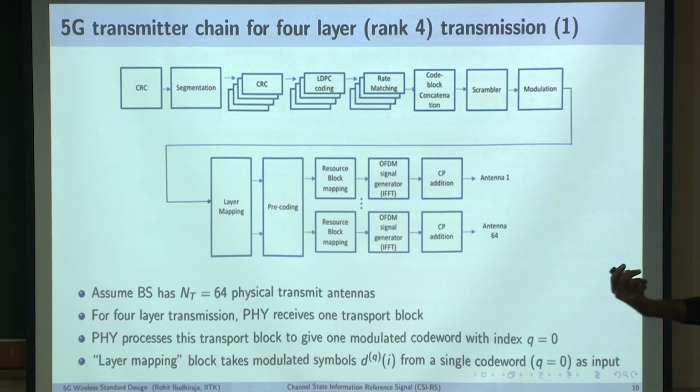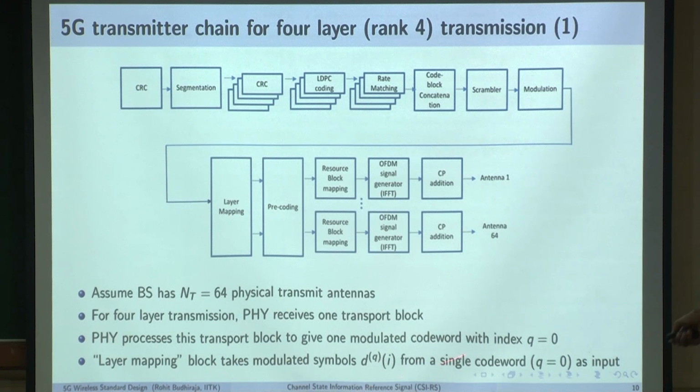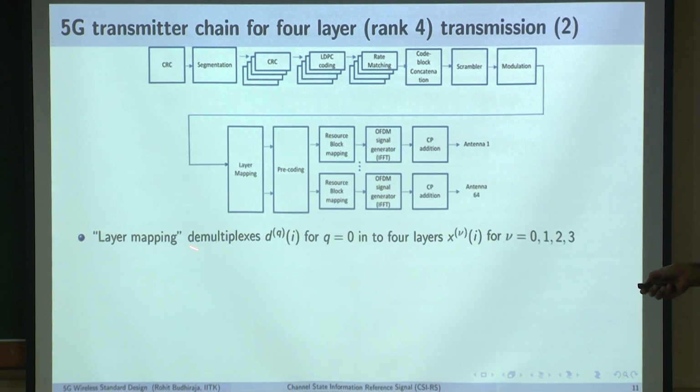What is this Q denoting? It is the transport block index. Q is 0. So it takes the single code word as input, and then the layer mapper will demultiplex this D into 4 layers if NL is 4.